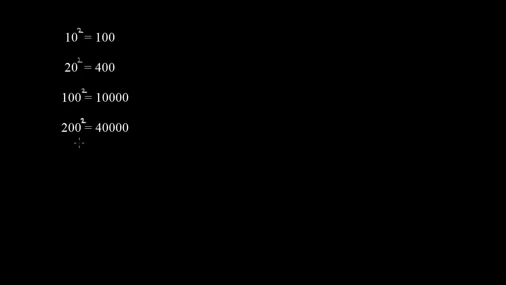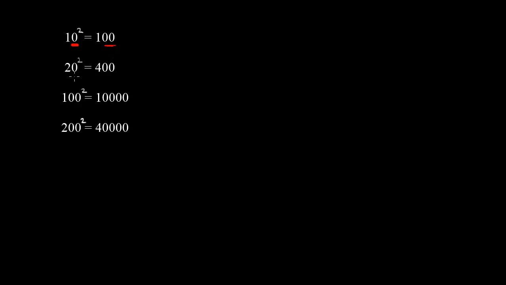Now here are a few numbers and their squares which are a multiple of 10. 10 square is 100, 20 square is 400, 100 square is 10,000 and 200 square is 40,000. Now here if you see 10 has one zero, but if you look at its square which is 100, it has two zeros.